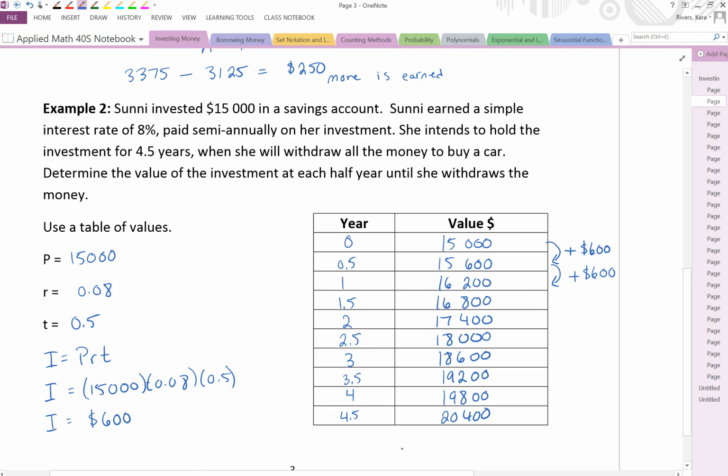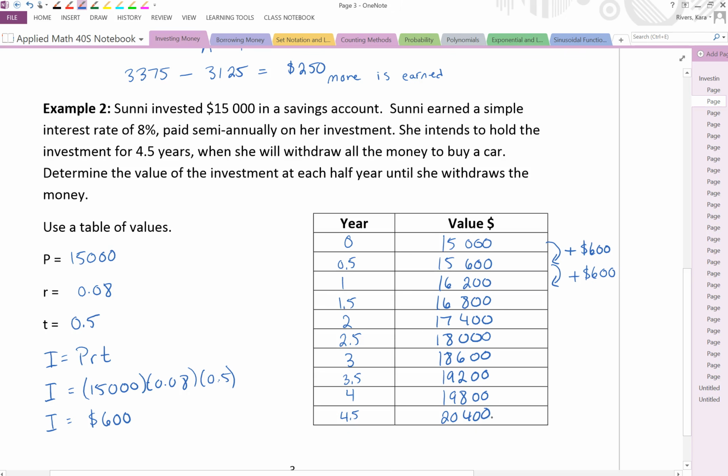If we want just the interest earned, then we can either subtract out the initial amount, or you can add $600 for every half year, or multiply it by however many half years we have there. And then you would actually figure out what the interest is. So be very careful as to how you're recording your numbers or how you're displaying your numbers, because this $20,400 is our future value, not the amount of interest she's earned.